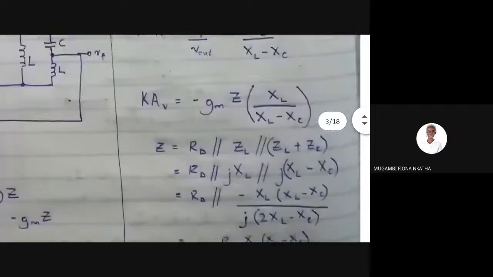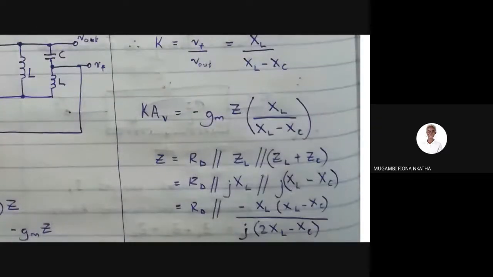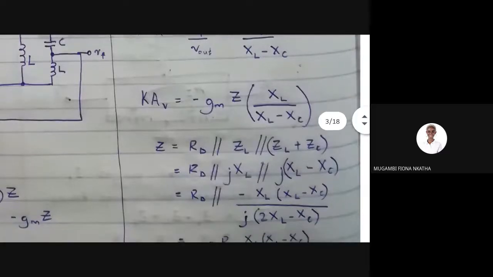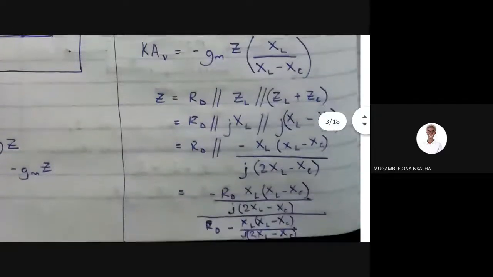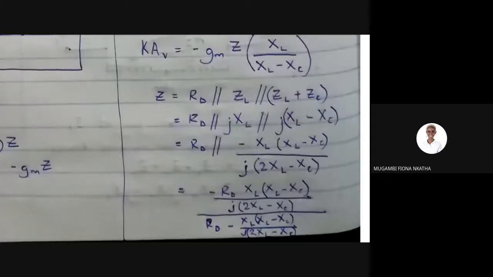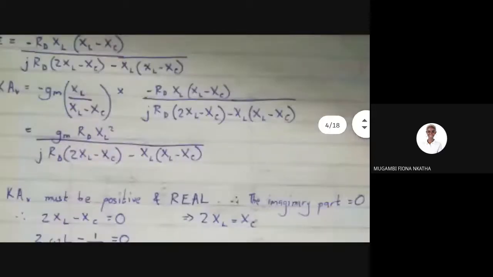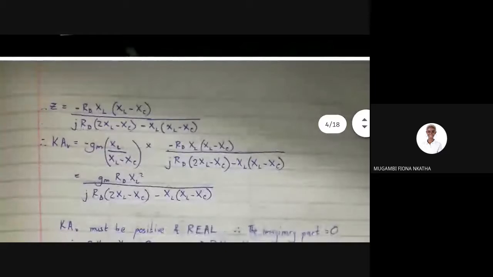Over here, you also need to be careful about the J's, because when the J's multiply, you get a minus. So you can see that the equation has RD parallel with a negative something. That's because of the two J's multiplying. Then you parallel it with the RD again, and continue the equation here. After getting Z, you can replace it into the KAV equation, that's this one here, and this is what you get.